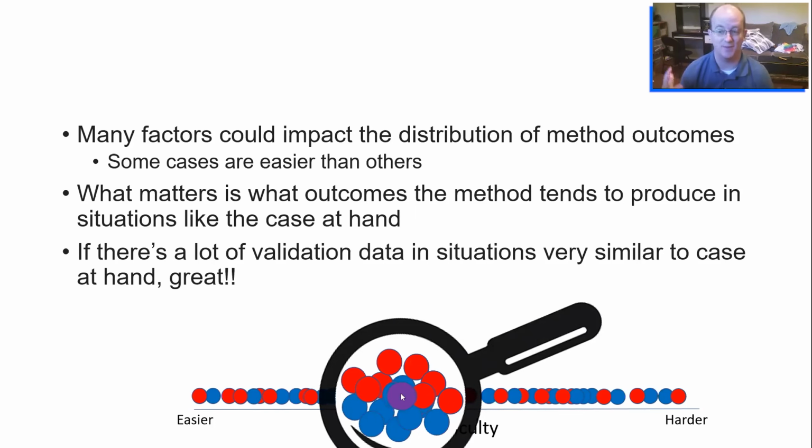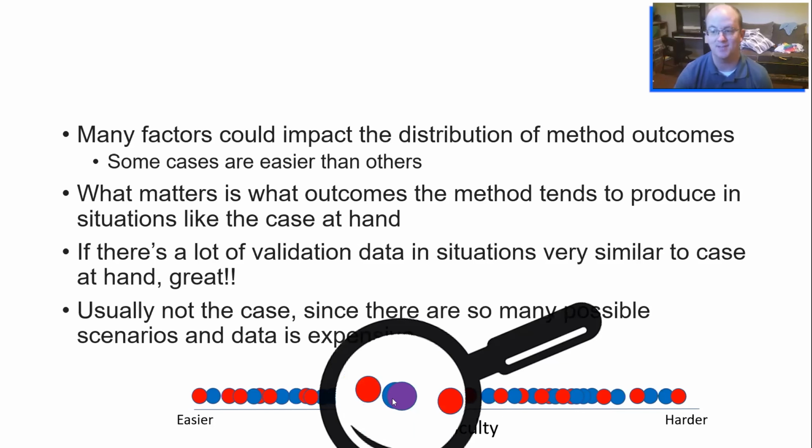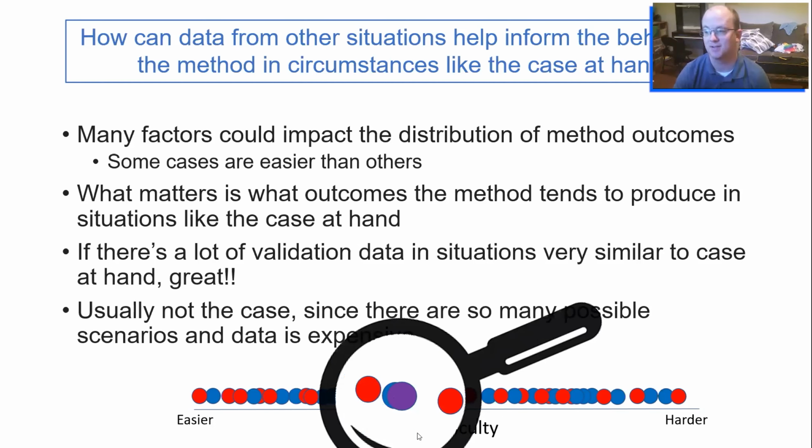And if you happen to have a lot of validation data in situations very similar to the case at hand, that's great. Unfortunately, that's usually not the case since there are so many different possible scenarios and data is really expensive.